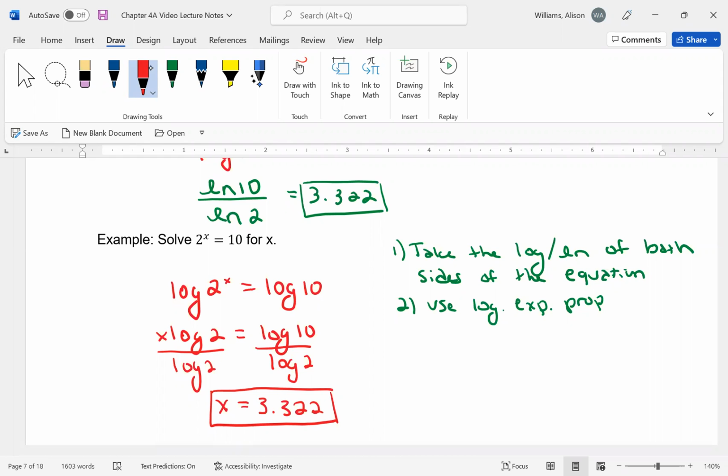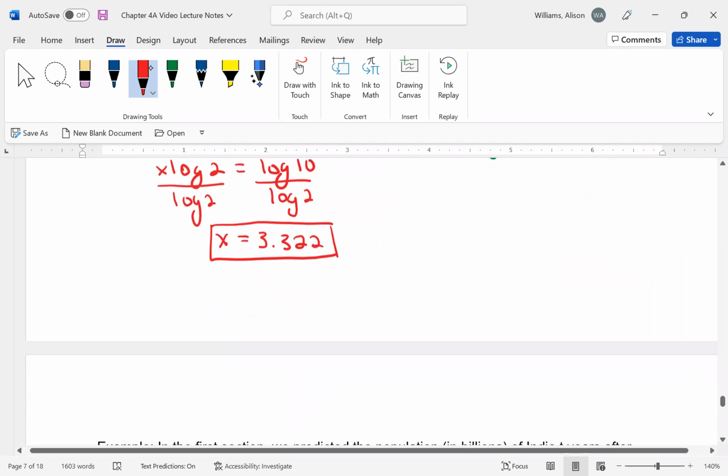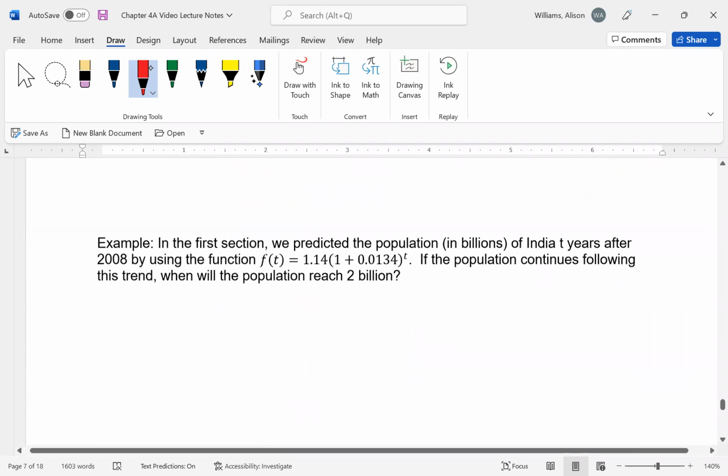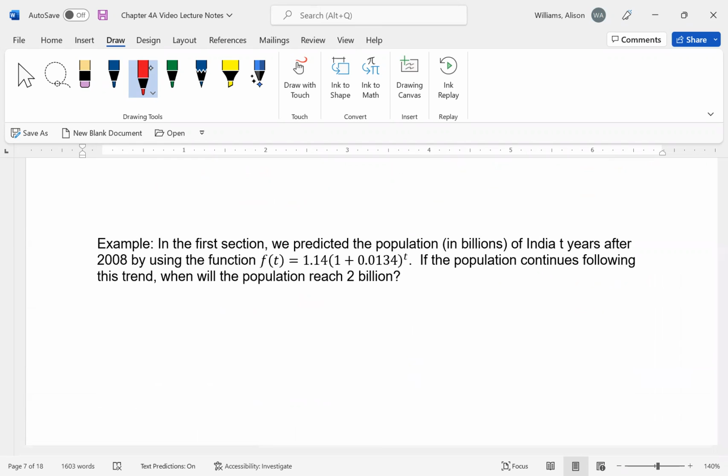Pretty nifty. All right, so let's look at it in a more complicated setting. Let's say we want to use the example of how India's population is predicted to look in years after 2008.